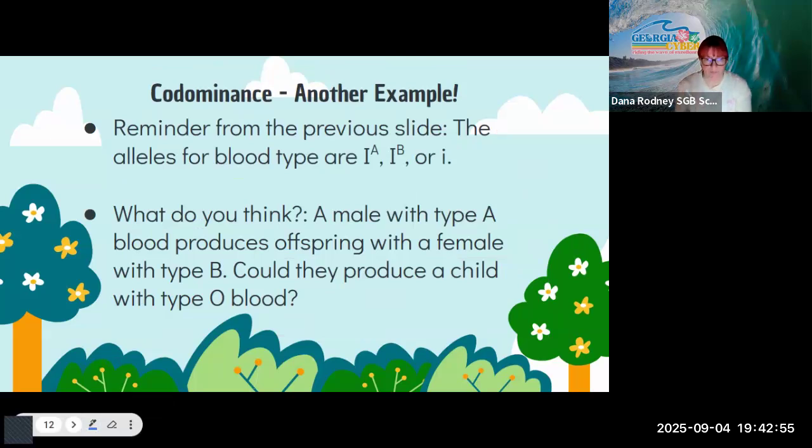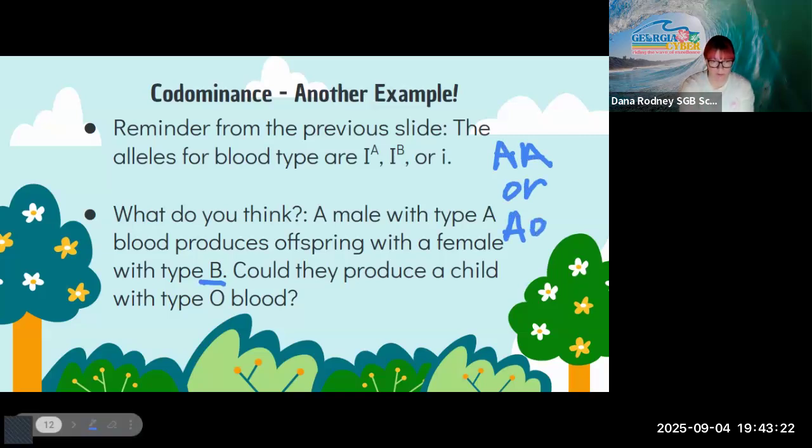Okay, so if we have a male that has type A blood and they produce offspring with a female that has type B blood, our question here is, could they produce a child with type O blood? Here's the thing. We don't know for sure if dad is AA or if dad is AO.